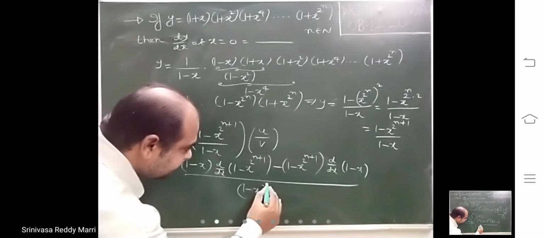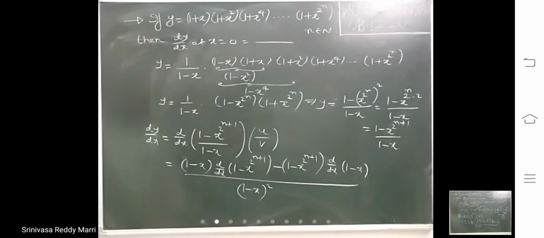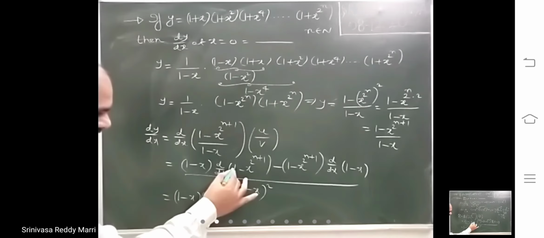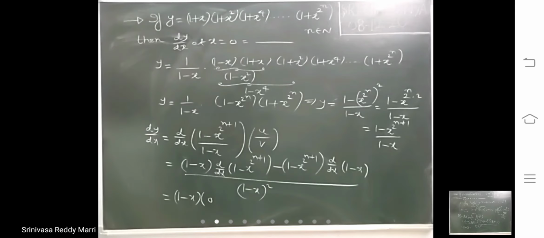Now 1 minus x, derivative of this is derivative of this minus derivative of this.